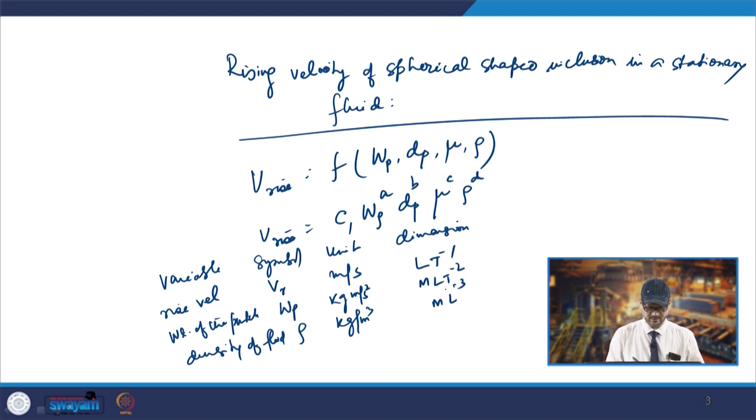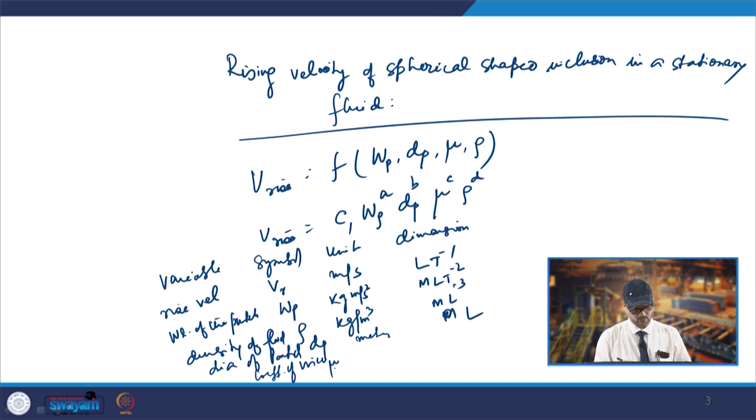Then after density, you have the diameter of the particle, dP. The diameter will be in terms of meter only, so the dimension is L. And the last is mu, the coefficient of viscosity, which will be kg per meter per second, and the dimension will be M L minus 1 t minus 1.